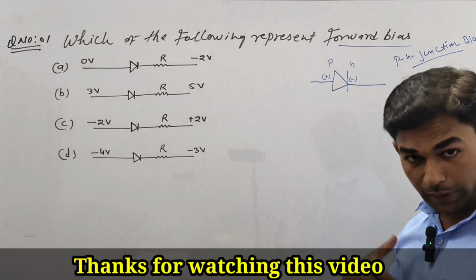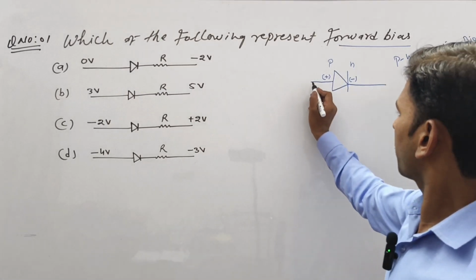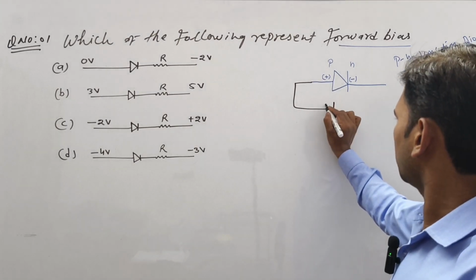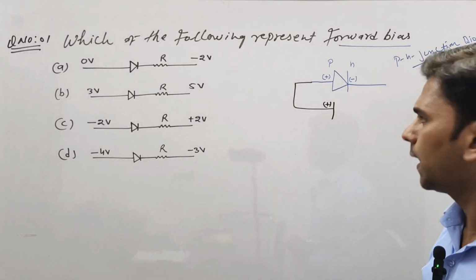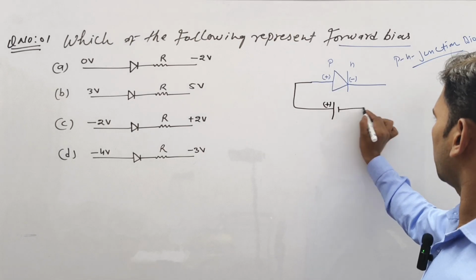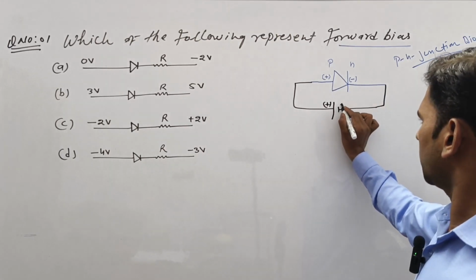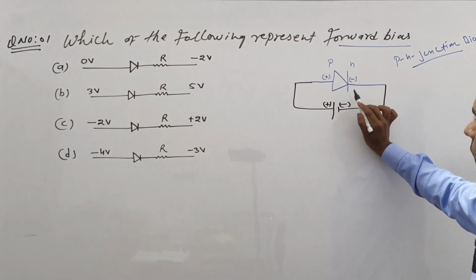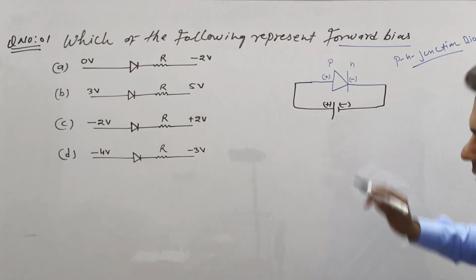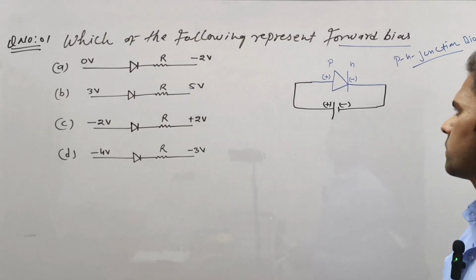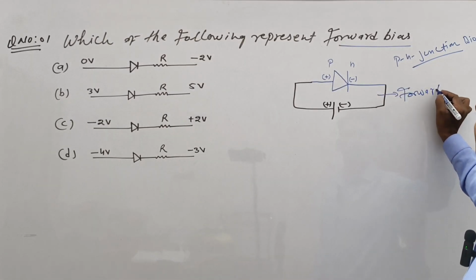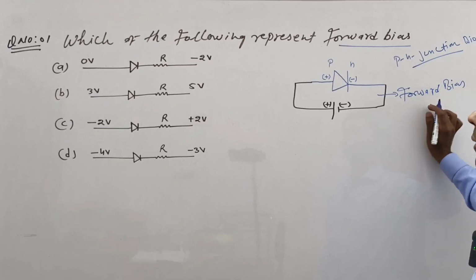Our concept is that if the positive terminal P is connected with positive, and the negative terminal is connected with negative, positive with positive and negative with negative, then this type of configuration is called forward bias.